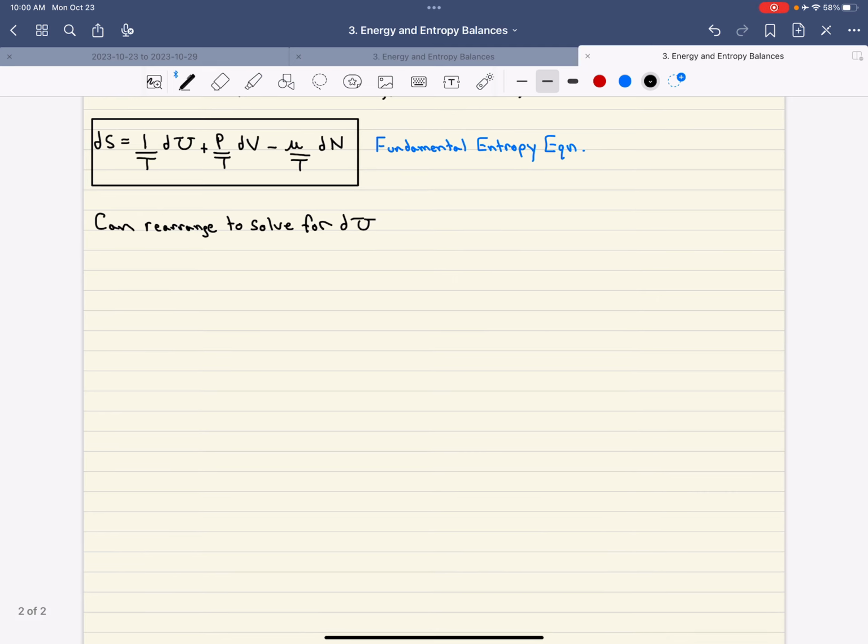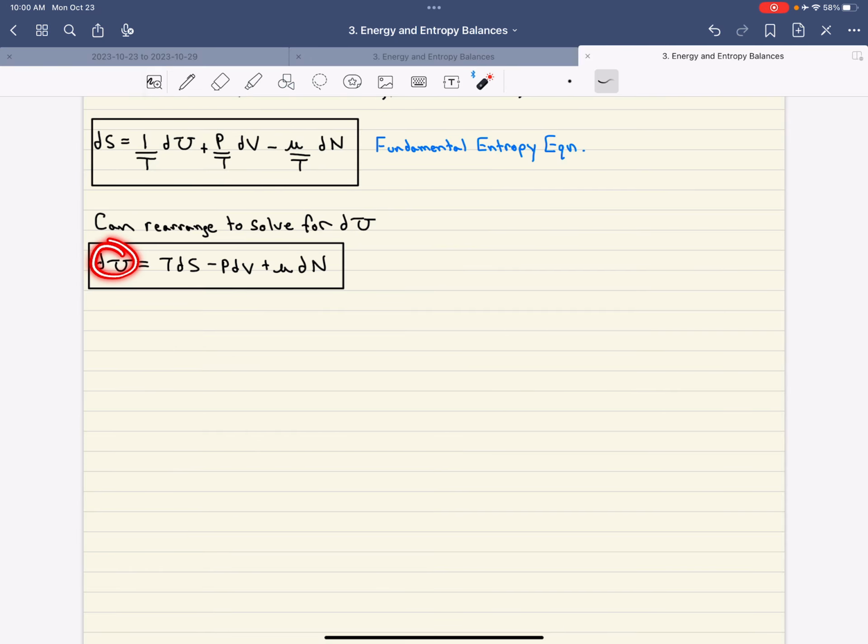And in turn, we'll get the following relationship. This equation, which is just the total derivative of the internal energy, is known as the fundamental internal energy equation, or fundamental energy equation. So I'll write it as internal energy.